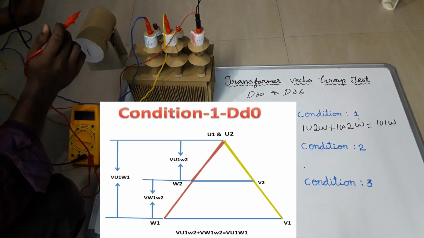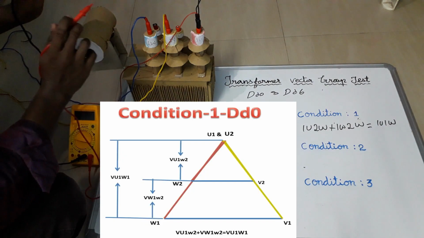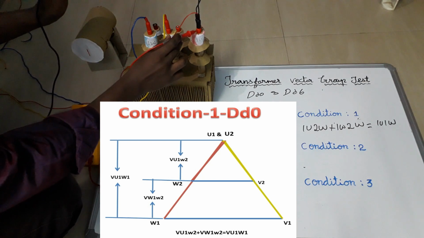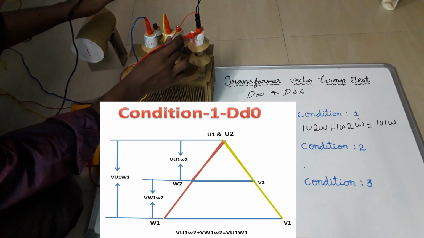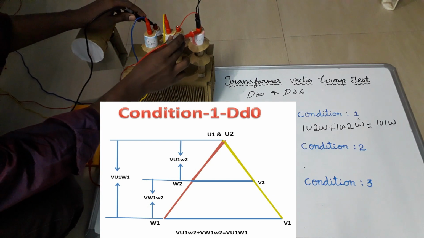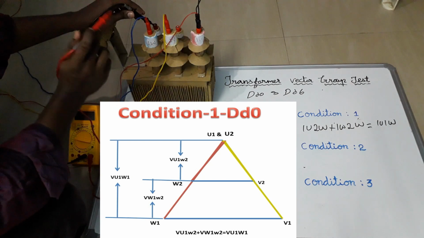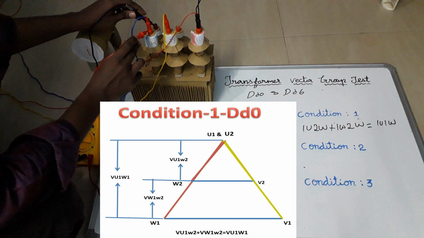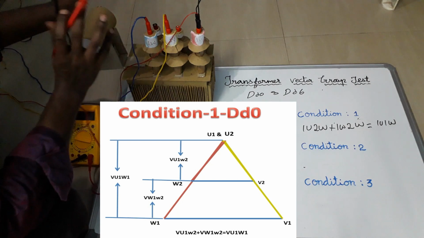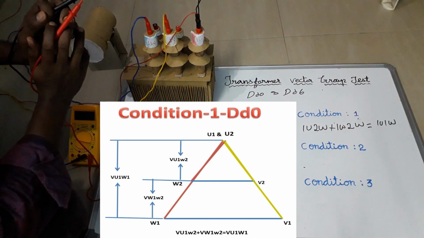For this condition, first we have to check R phase of your HV and B phase of your LV voltage. Second, we have to check B phase of your HV and B phase of your LV, and we have to add this 2 voltage.